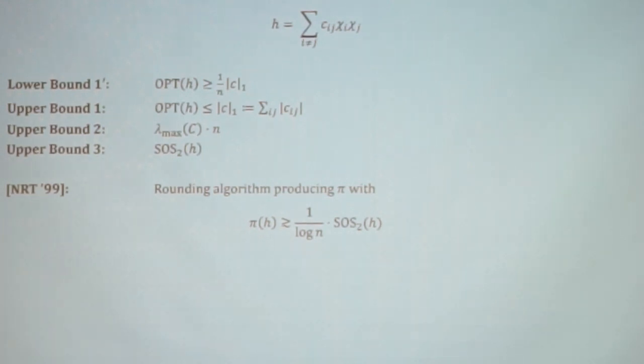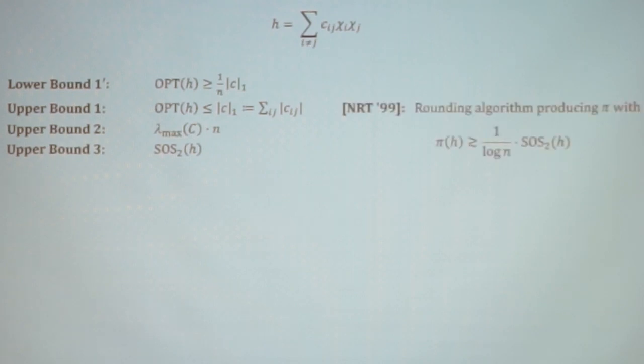And that's pretty good. 1 over log n is not so bad. It's much better than the algorithm implicit in this thing, which gives you a 1 over n fraction of your upper bound. This is an extension of the Goemans-Williamson rounding, if you've heard of that. So this is actually reasonably satisfactory. Even though it's NP-hard, this is decent.